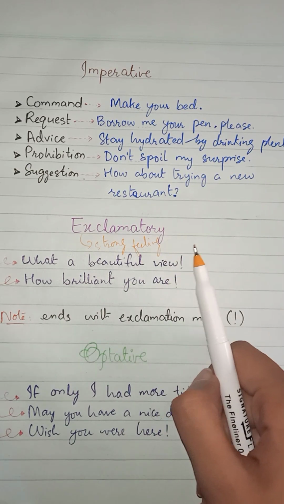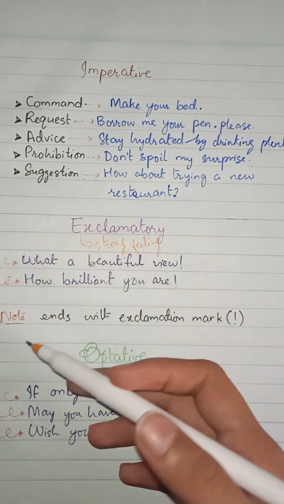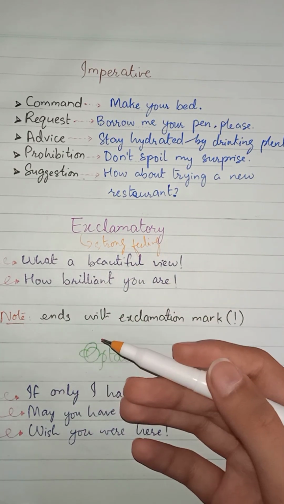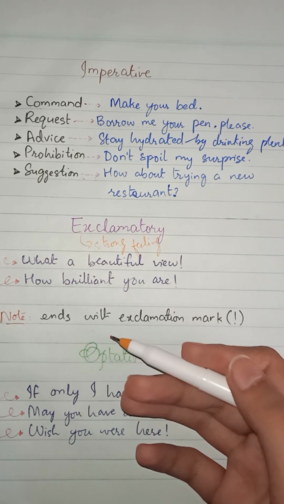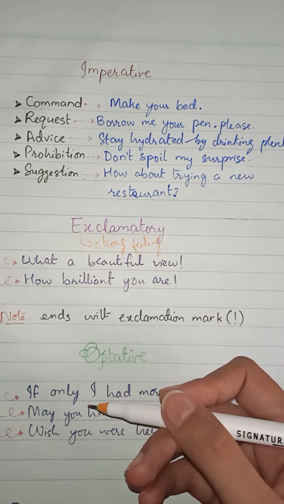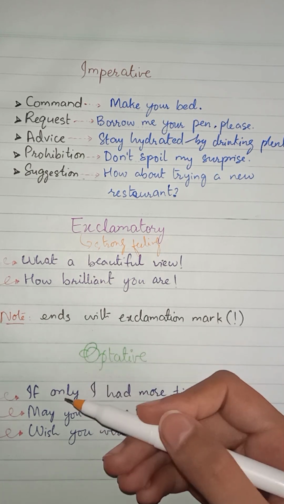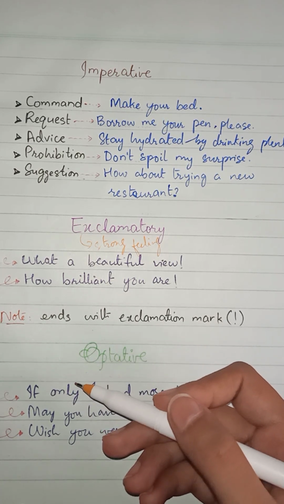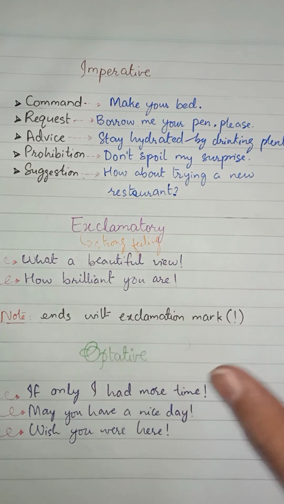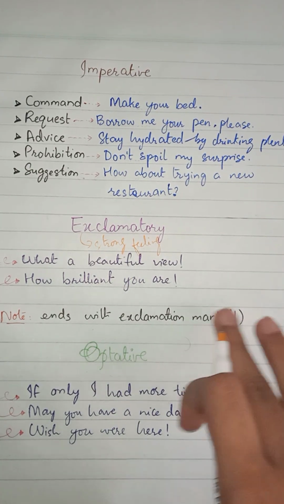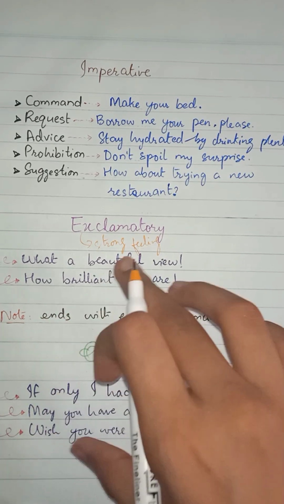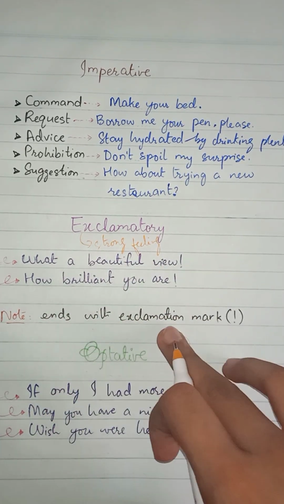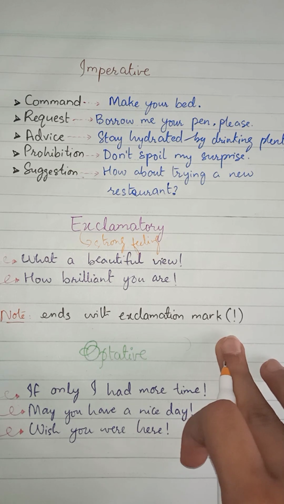You're praising someone, right? So these are strong feelings. These are examples of exclamatory sentences. You can also say, wow, that's amazing. Hooray, we won the match. Now, the thing to note here is that exclamatory sentences always end with an exclamation mark.